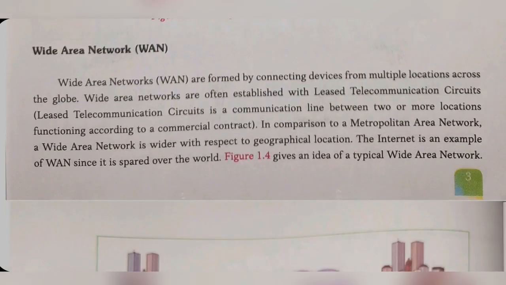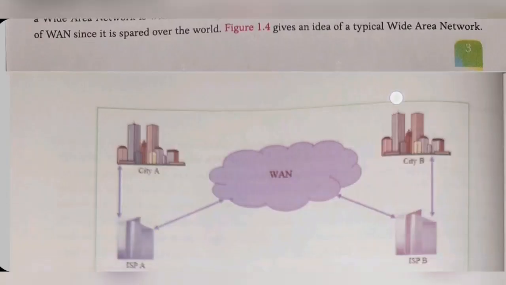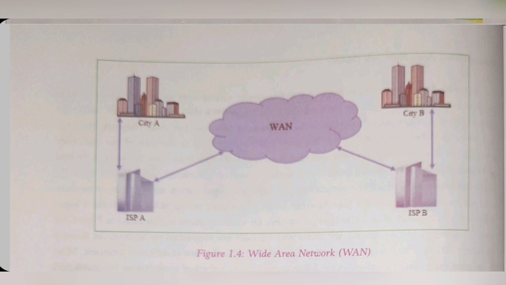After that comes WAN. It is much larger than MAN. Typically it connects continents, a country, or even the whole world. Here we connect more than one MAN together. For example, in the diagram we have two ISPs.